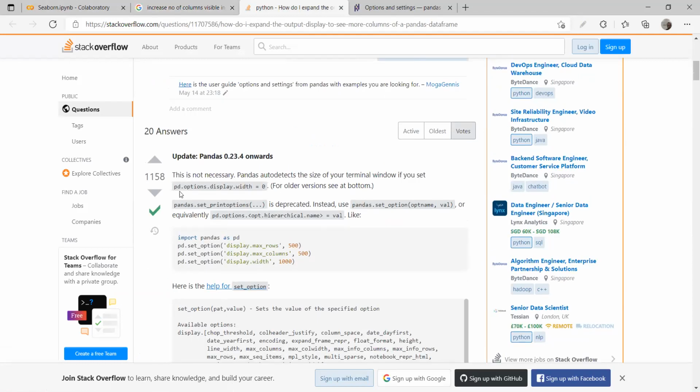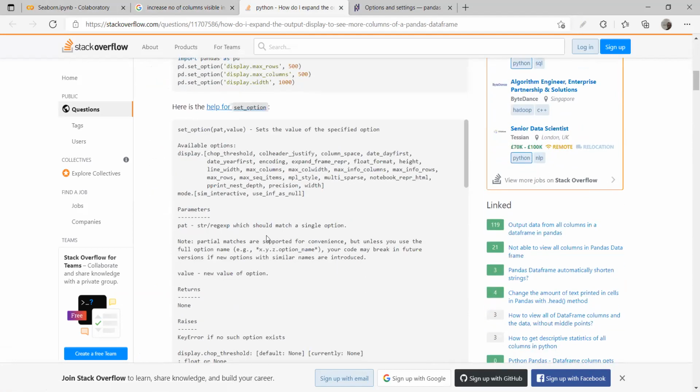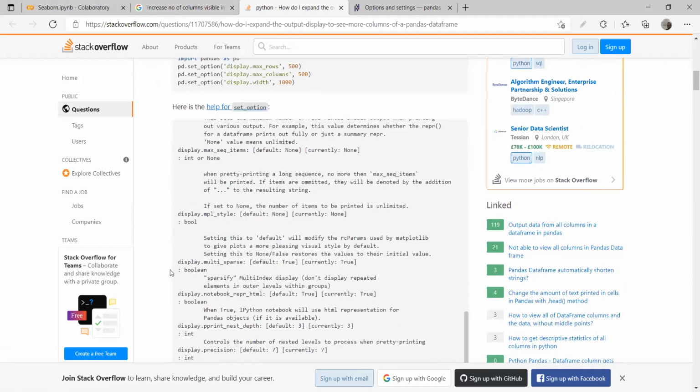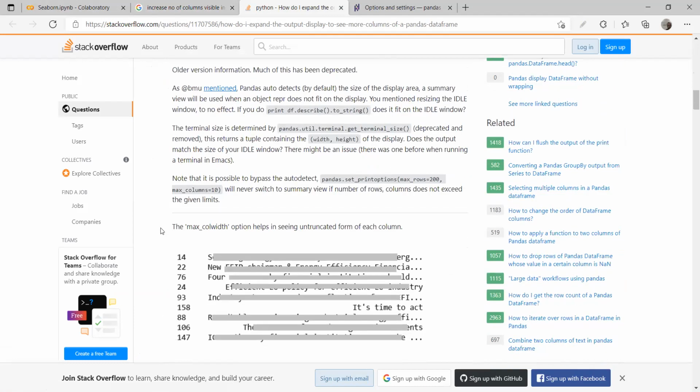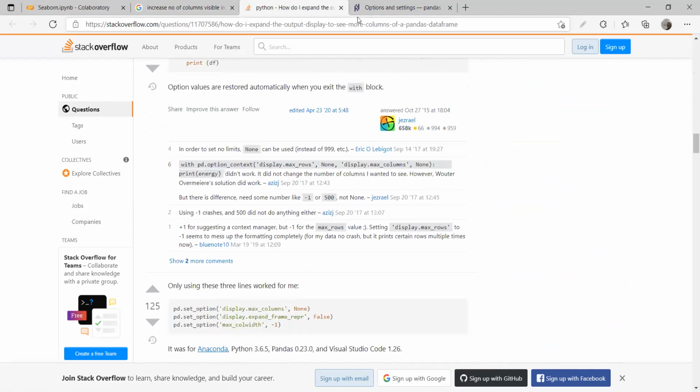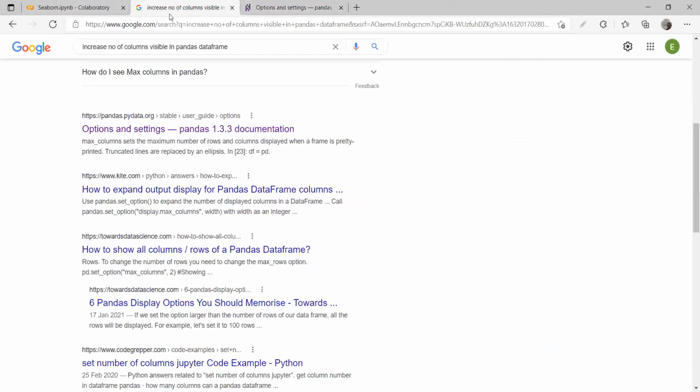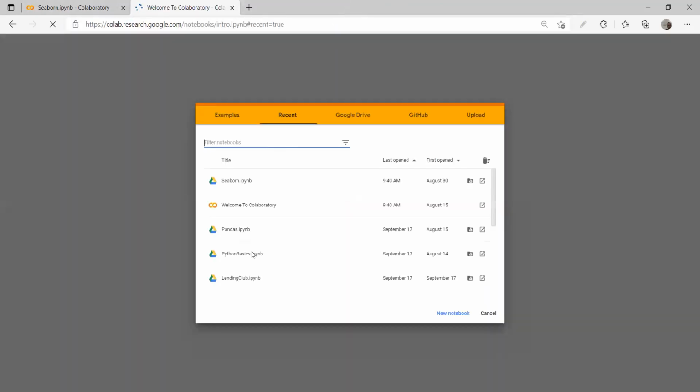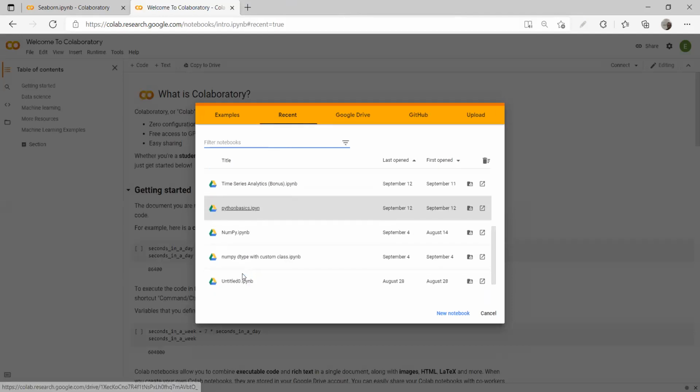I don't recall. pd dot option dot display width is equal to 0. No. Let us see. I should have that in the EDA notebook. Yes.